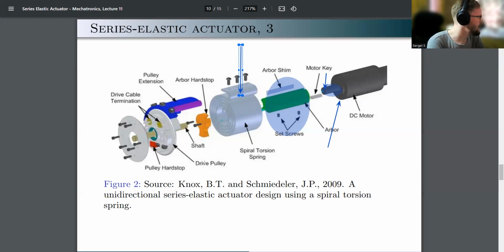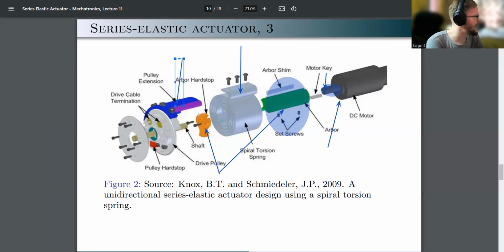This is the output shaft of your spring, if you want. This orange part is just a finishing touch. Those two elements together hold this spring.